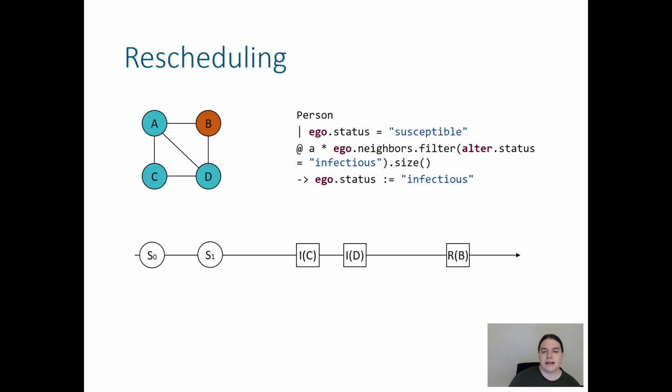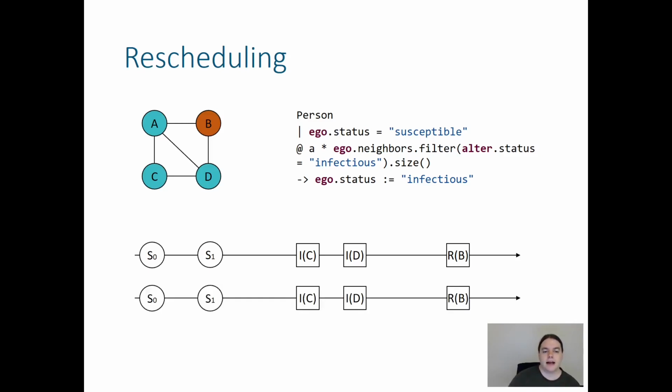So let's again start with the infection events. We begin here with just making a copy of our current timeline to keep track of the changes we're doing. So first we look at the agent A, and A is now susceptible and they have an infectious neighbor, so their infection rate is 1.